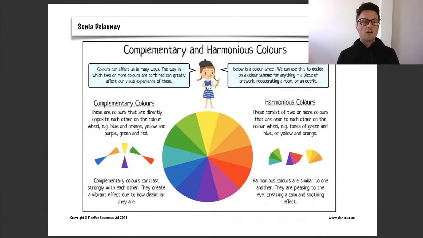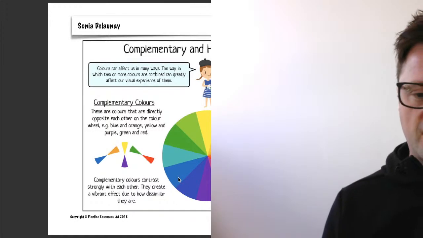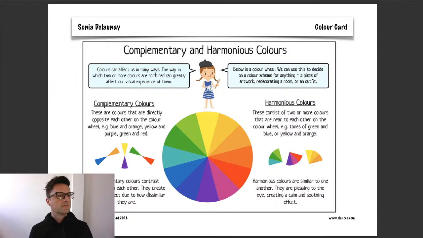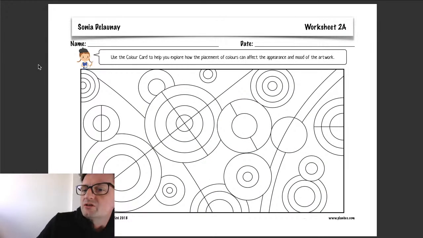Included in today's worksheets is this colour card with some reminders about the colours on the colour wheel and what complementary and harmonious colours are. I might leave this up on screen while we're working away to help you as you create your own works of art. This is worksheet 2A.